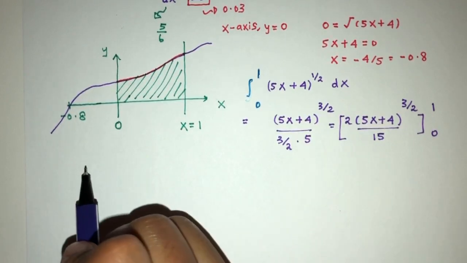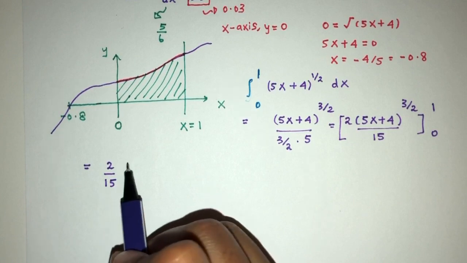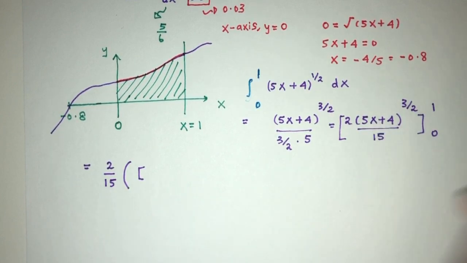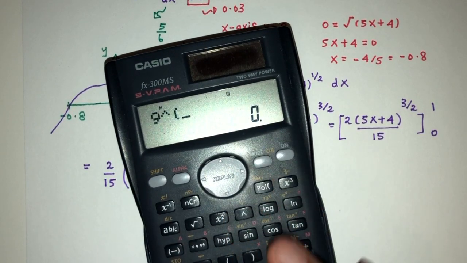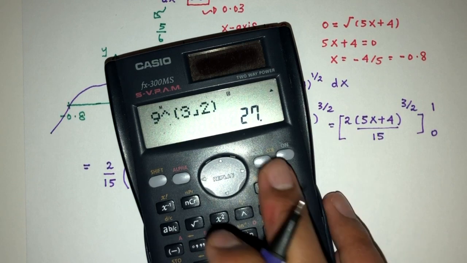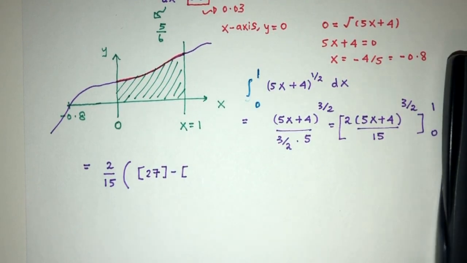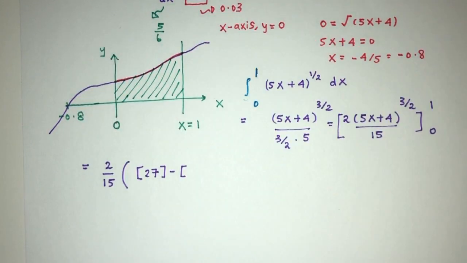So simplify. Here we have 2 over 15 outside. Inside, 5 times 1 plus 4 is 9, and 9 power 3 over 2 will be 27. Then replace 0: 4 power 1.5 should be 8.